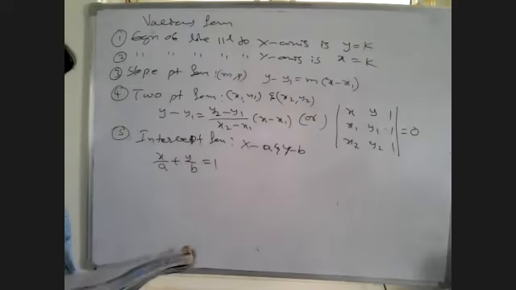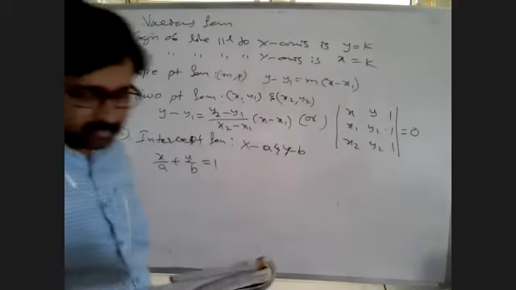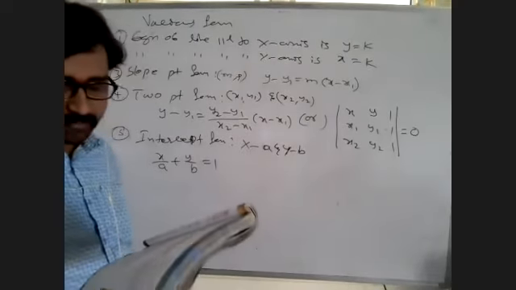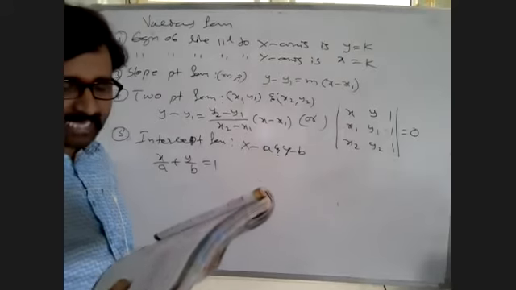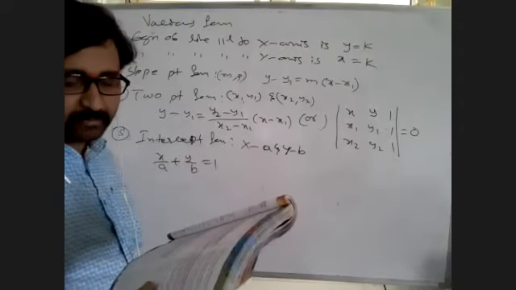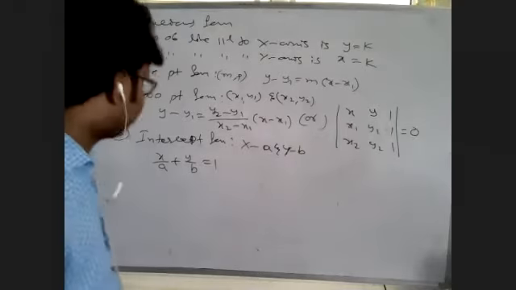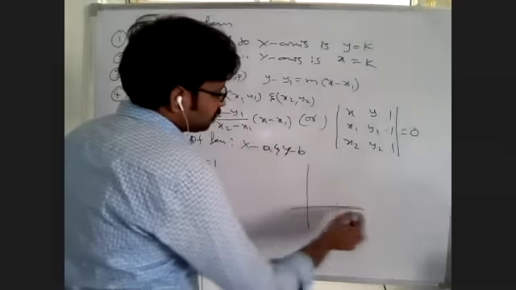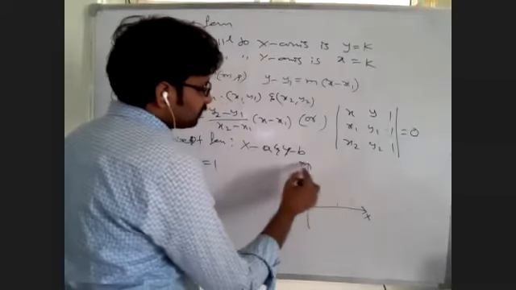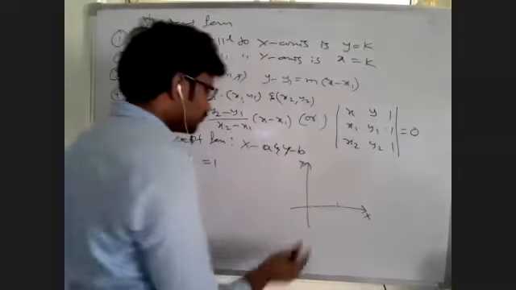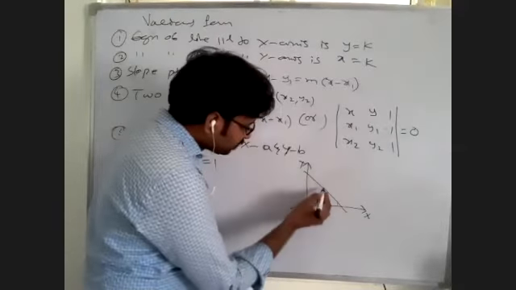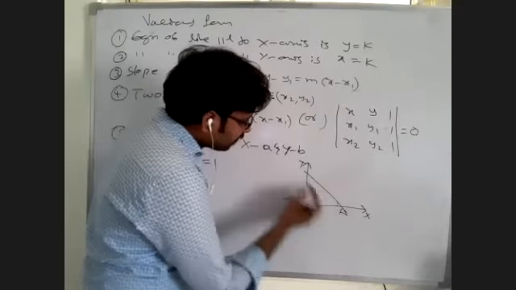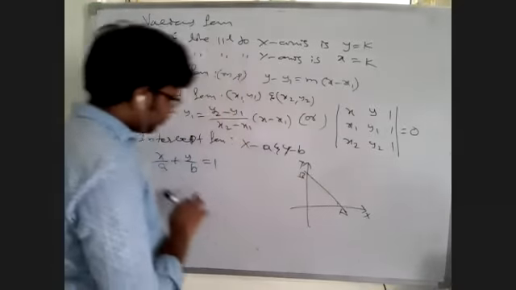And here we have two more formulas, that is the same intercept model. If the portion of the line intercepted between the axes is divided by the point in the ratio m is to n. Suppose this is the x-axis, this is the y-axis, and this is the line, which is intercept form if A and B are given.